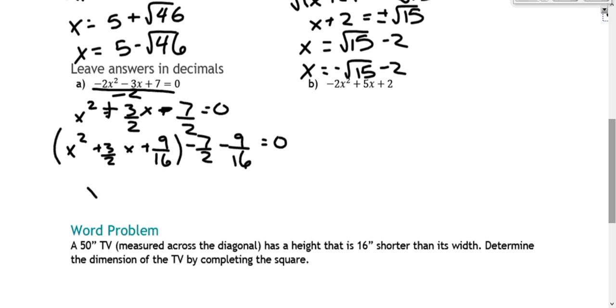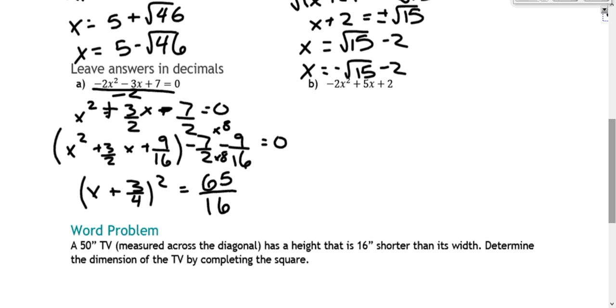This leaves us with x plus 3/4 squared, and then that should be times by 8 times by 8. So that gives us negative 56 minus 9. So 7 over 2 times 8 over 8, plus 9 over 16, which gives us 65 sixteenths.